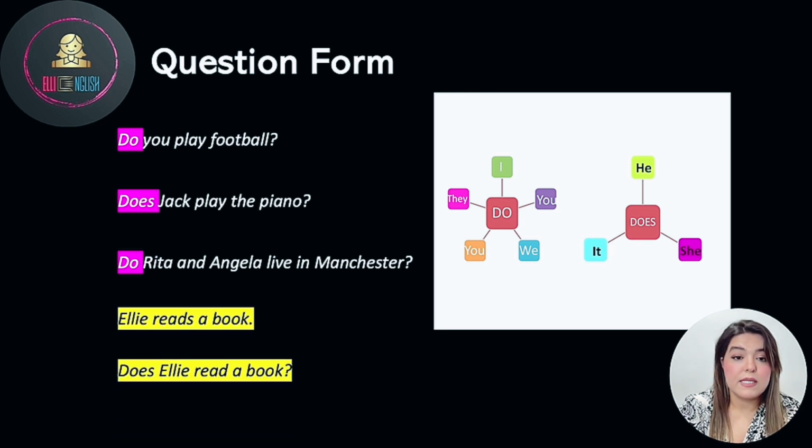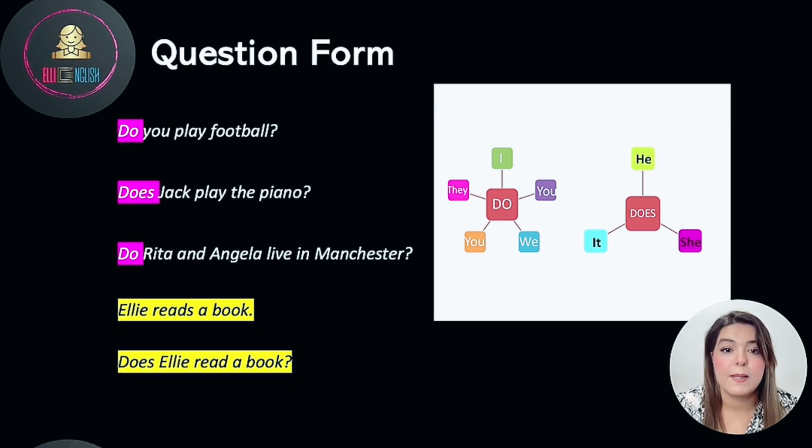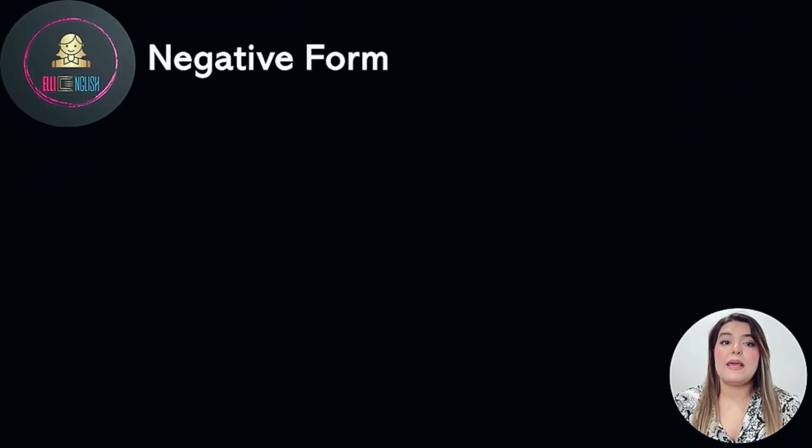Look at another example. Ellie reads a book. Does Ellie read a book? This is the thing that I've explained, that we have to omit the s when we have the present simple in the question form.